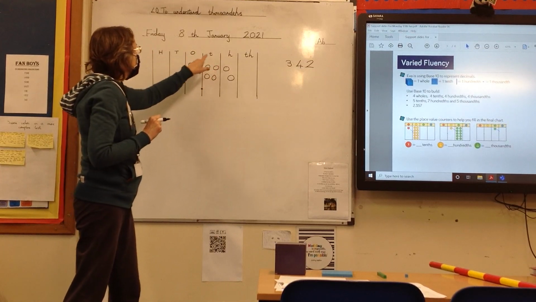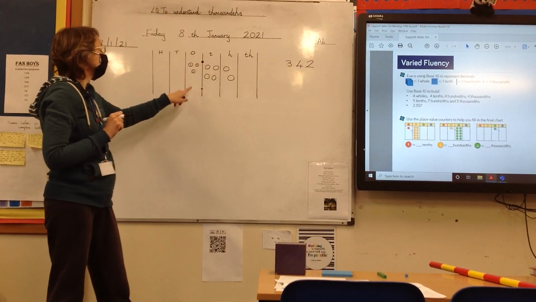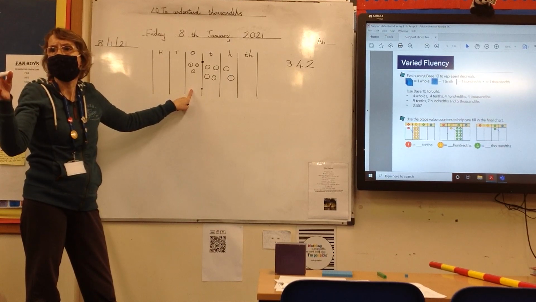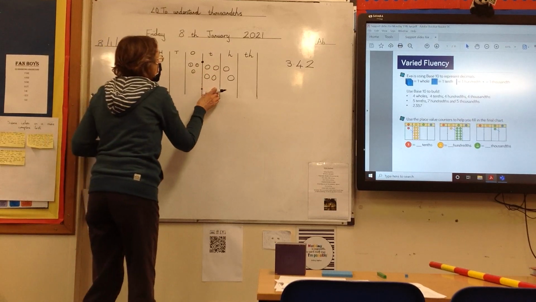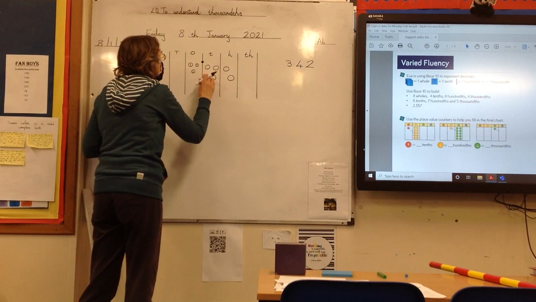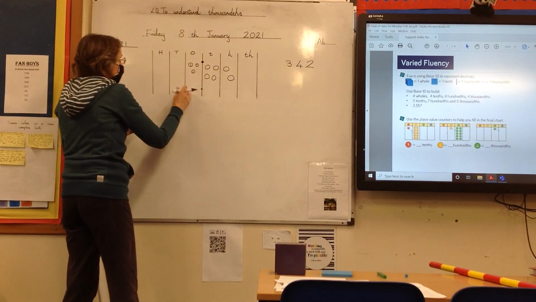How many would I need in the tenths column before it was full and I had to go into the ones column? You need 6 more, and then it'll be 10. And yeah. So if I get to 10, we can't fit 10 in there. Once we get to 10, we've got 10 tenths, so that would go into the ones.